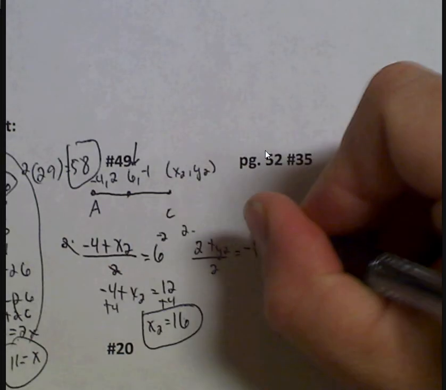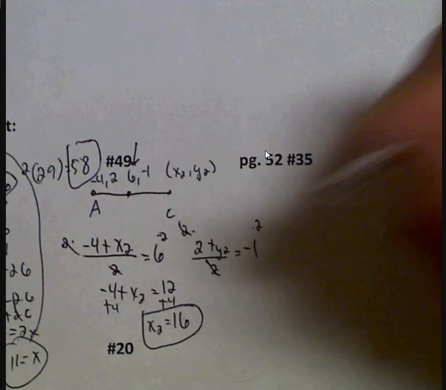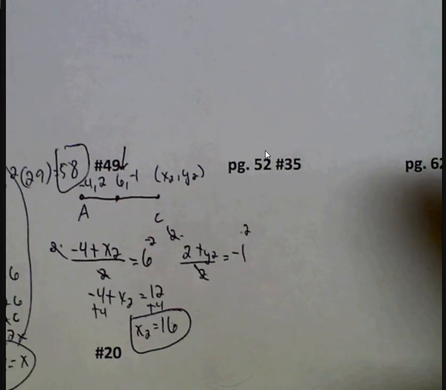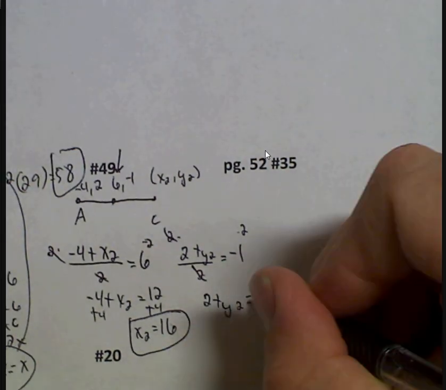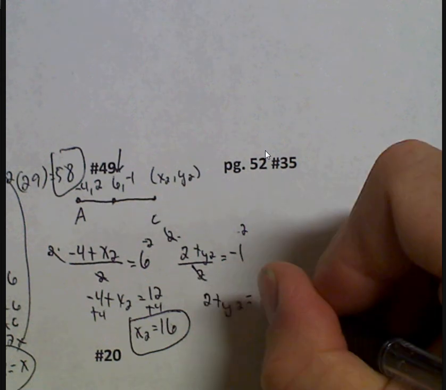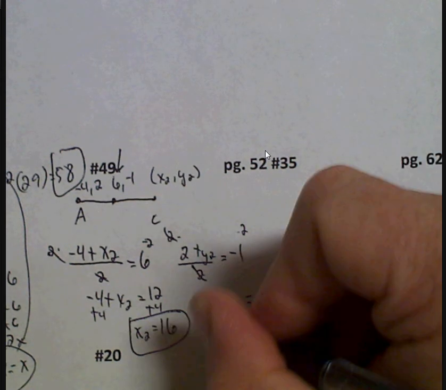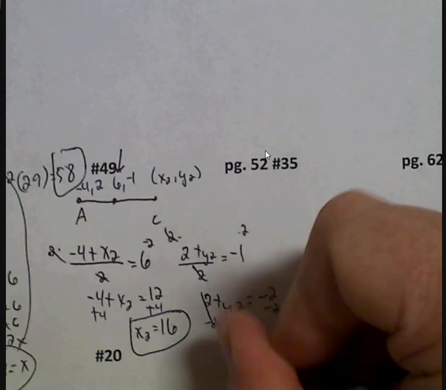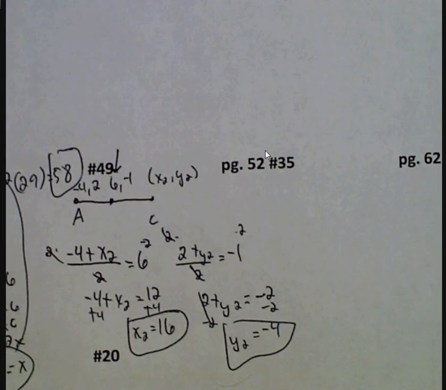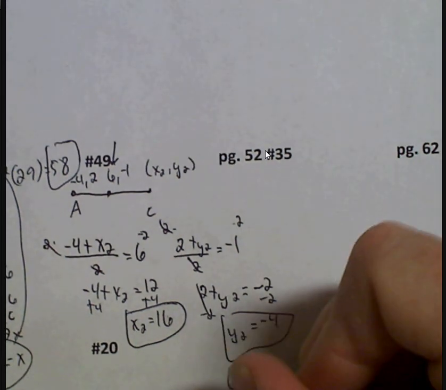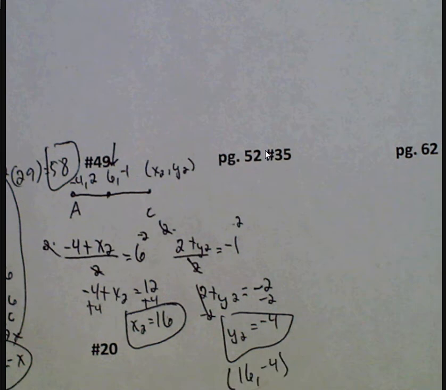Now multiply both sides by 2. Only the bottom 2 goes away, not the top. So we got 2 plus y2 equals negative 2. Minus 2, minus 2. y2 equals negative 4. There are my points. So my endpoint would be 16, negative 4.